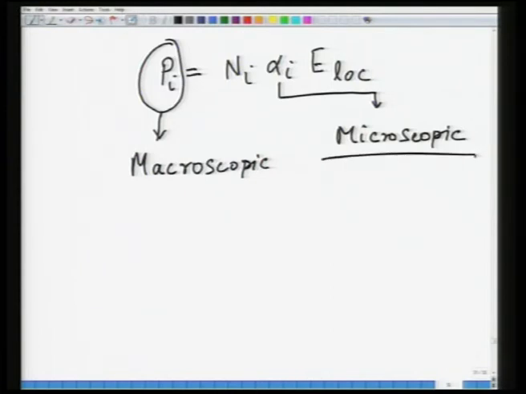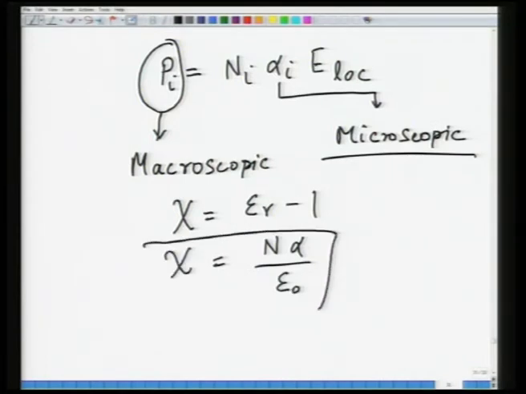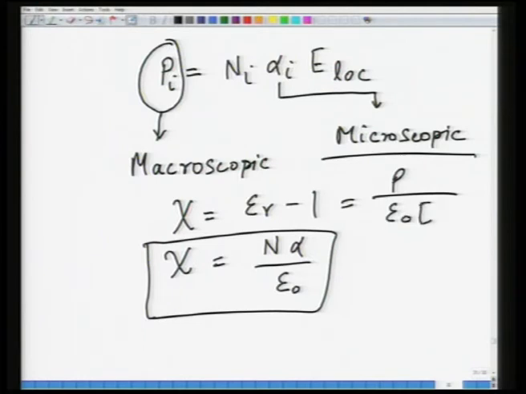As a result, in general we get an expression for susceptibility: epsilon r minus 1 is equal to n alpha divided by epsilon naught. This is a general expression for susceptibility, because this is equal to P divided by epsilon naught E.